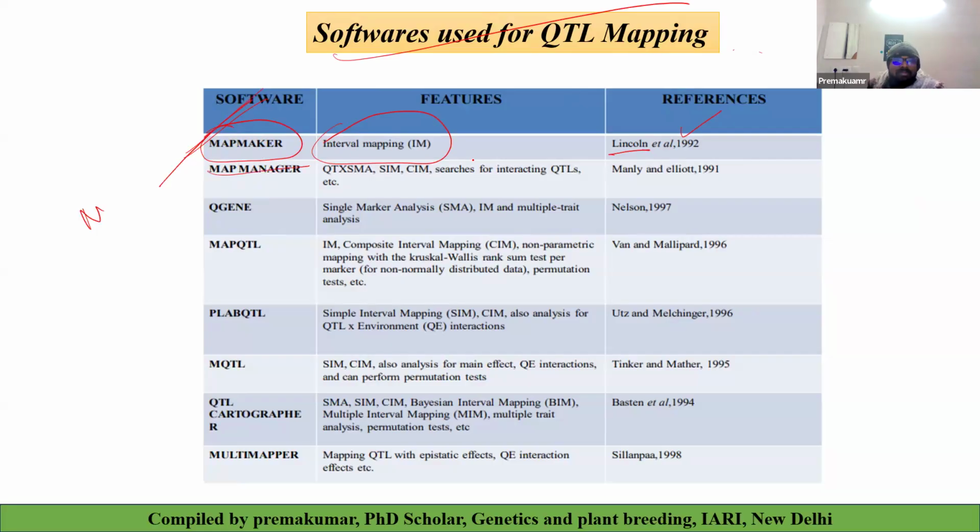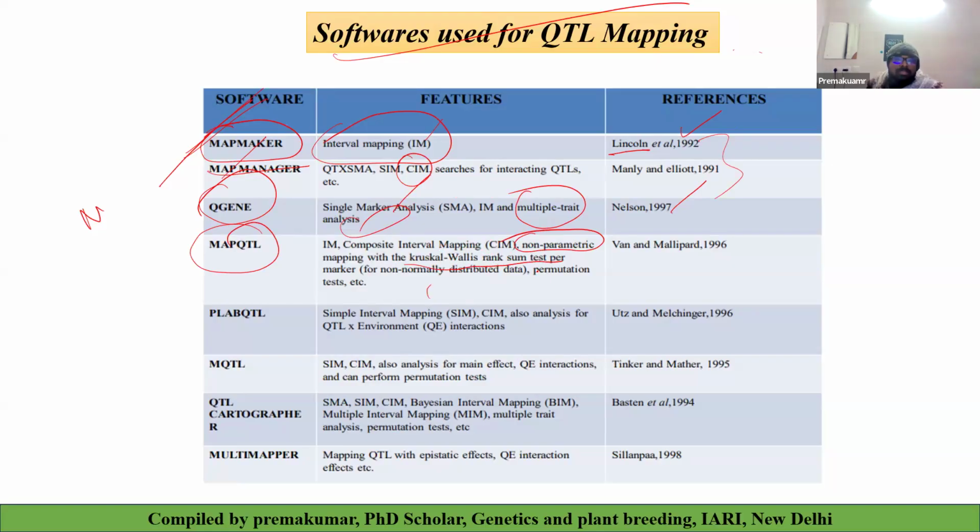Next came composite interval mapping, like MapManager. Then QGene came, which does simple interval mapping and came with multi-trait analysis in 1997. See how fast they are developing. Then MapQTL came, and in 1996 non-parametric mapping and the Kruskal-Wallis rank test.